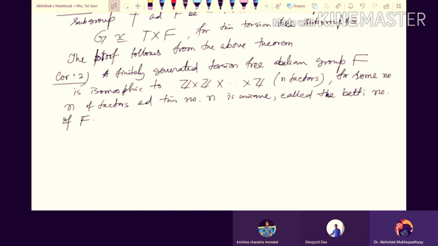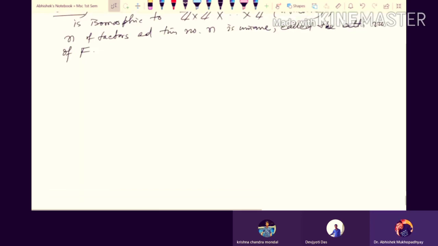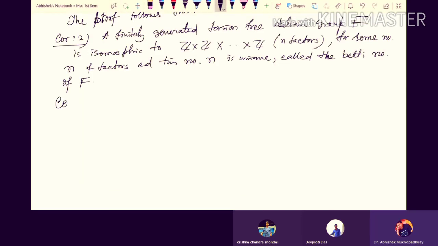And the last important corollary is for finite abelian groups.